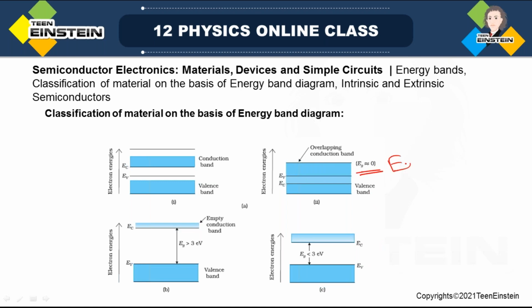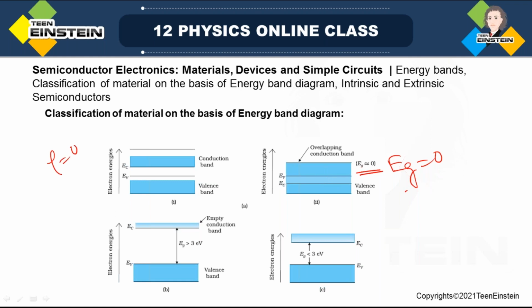So in this case, Eg is 0, the band gap is 0. This is the characteristic energy band diagram for metals or conductors. In case of conductors, either there will be a partially filled conduction band and partially empty valence band, or the conduction band and valence band will be overlapping each other, so that all the valence electrons can easily move to the conduction band and take part in the conduction process.